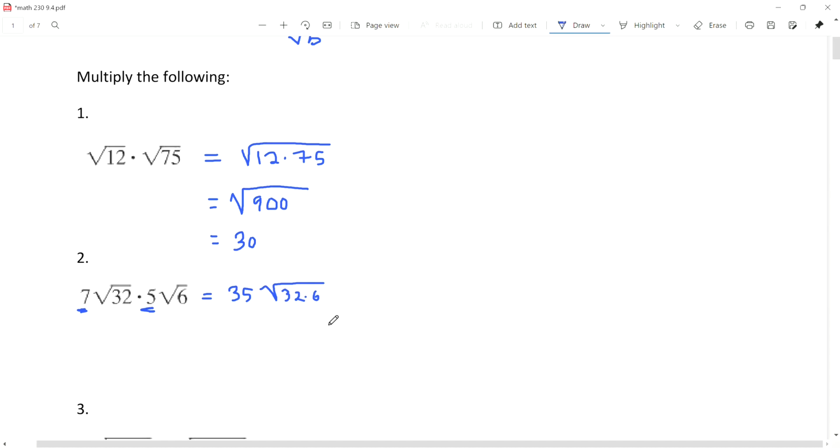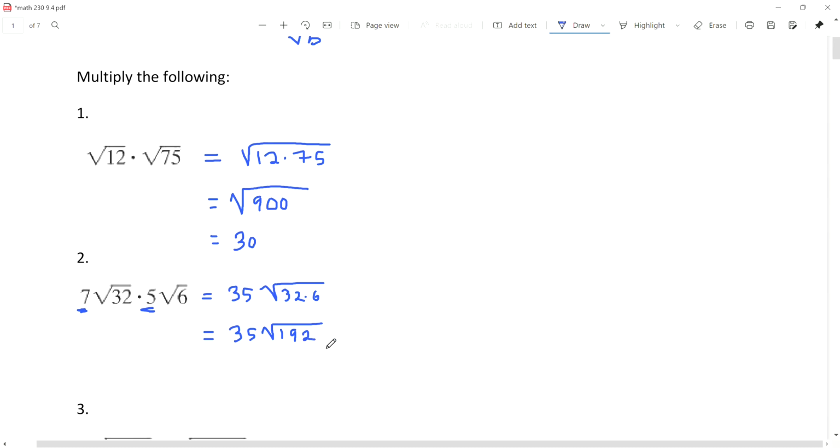Now we can simplify this further. This is equal to 35 times the square root of 192. Now, if you take the square root of 192, it does not come out nicely.